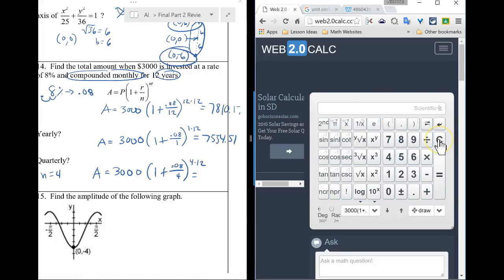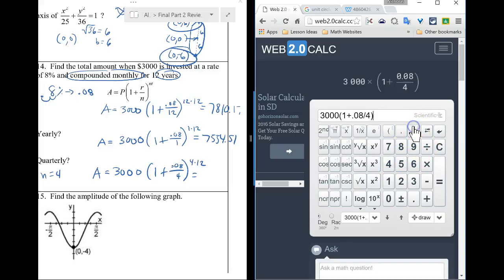Now let's do the next one down here. 3,000 times 1 plus 0.08 divided by 4, raised to the 4 times 12, which is 48.